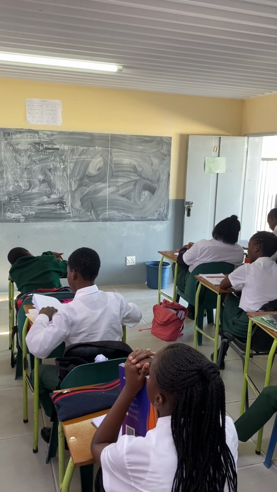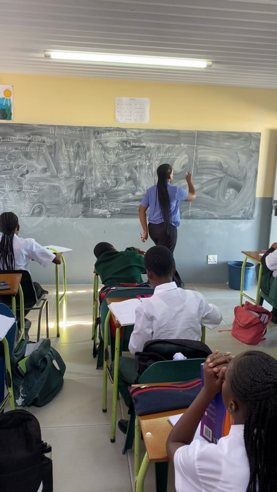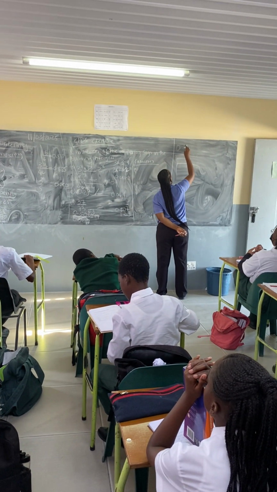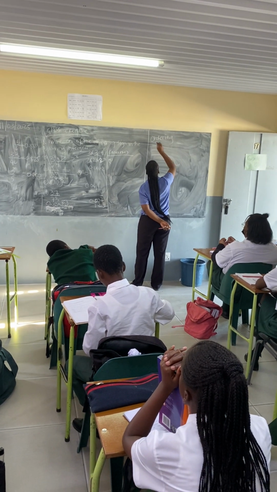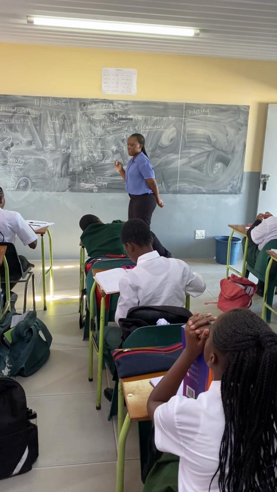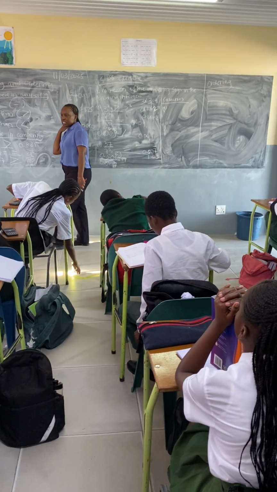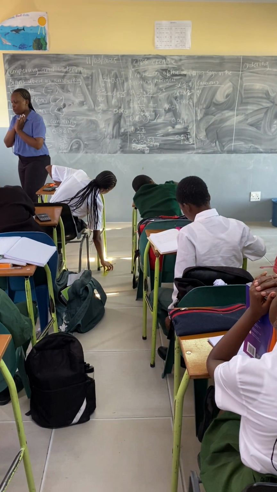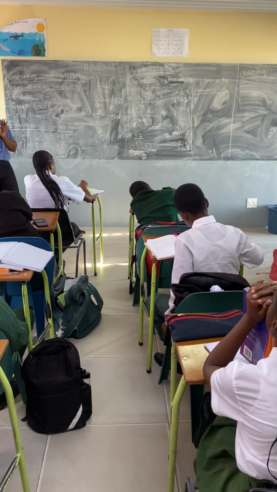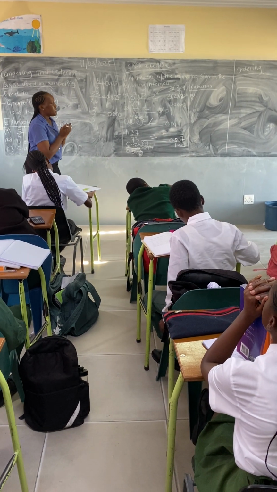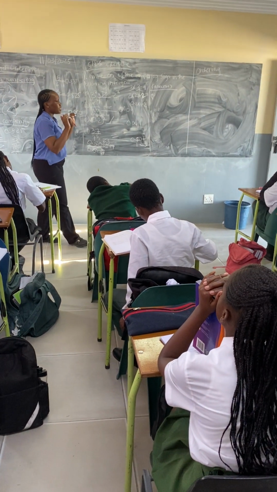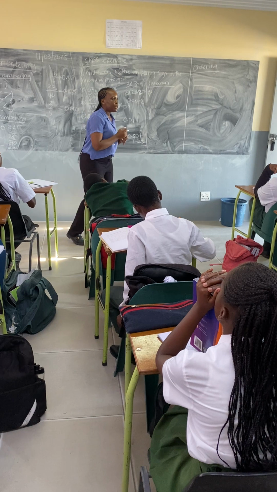Okay, let's move on to what we call ordering. What is ordering in mathematics? Ordering is when you are arranging numbers in a certain pattern. What does that mean? You want to arrange the numbers in increasing order or decreasing order.